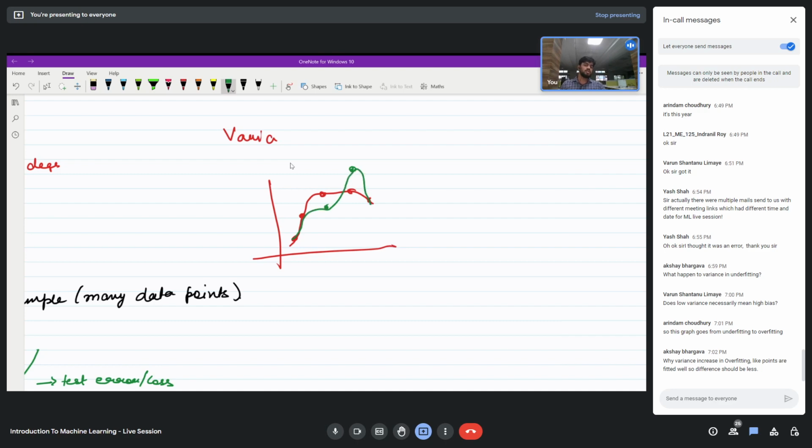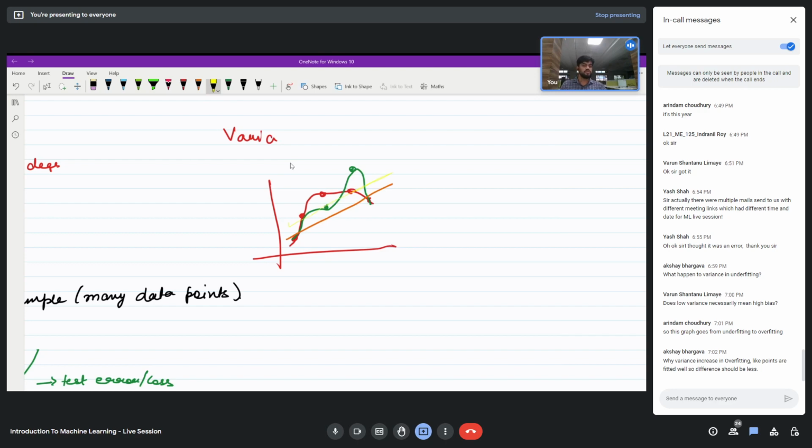If you compare now this green and red curve, there is a large difference between these two curves. Now, if you were fitting a simpler function, let's say a linear function, then for this red one, it would have been something like this. And for this green one, I'll use some other color, sorry. So for this red one, it would have been something like this. And for the green one, it could have been something like this. Yeah.